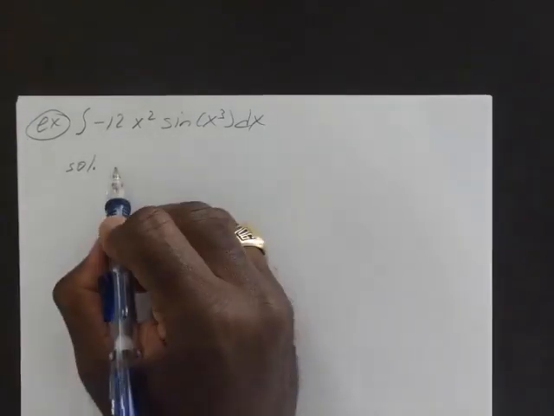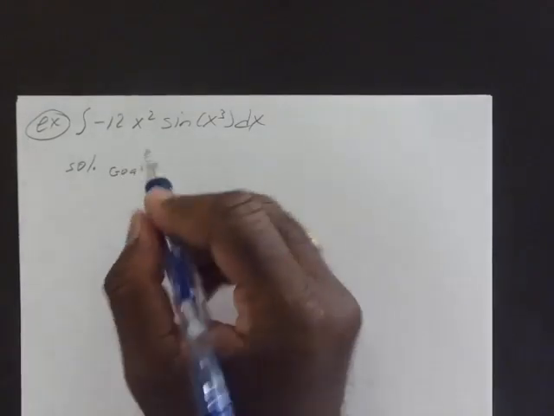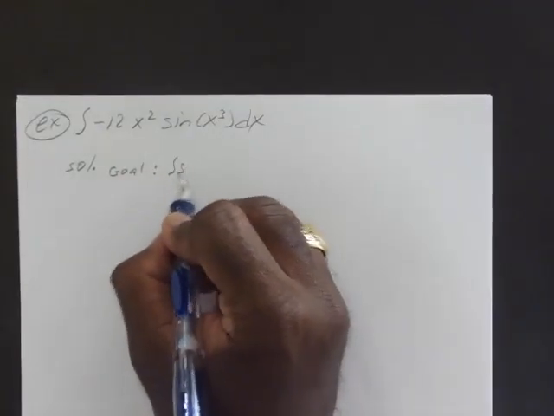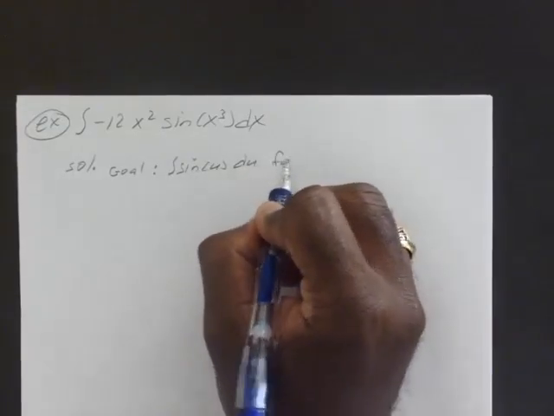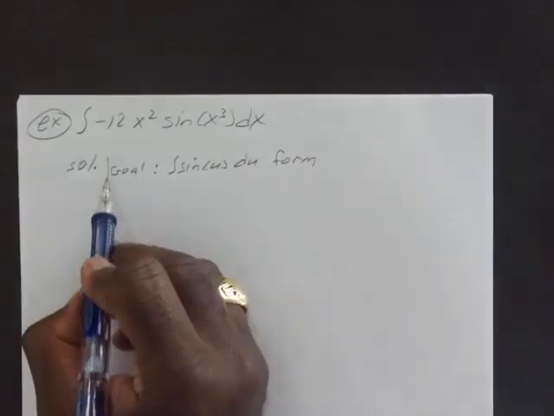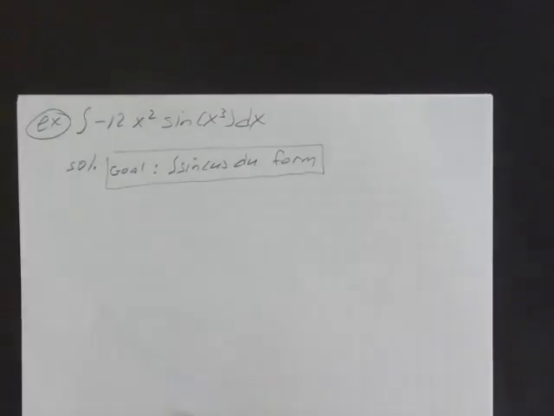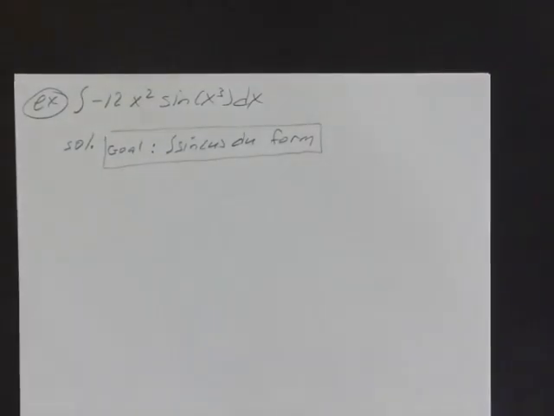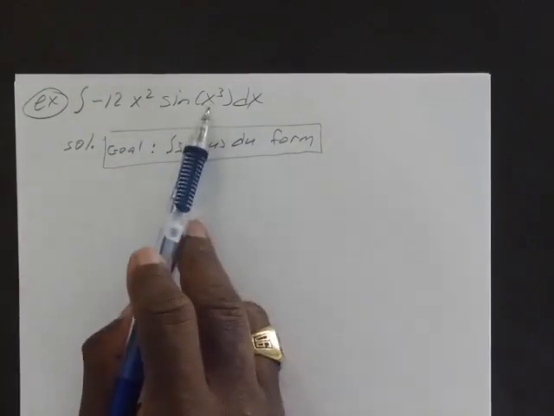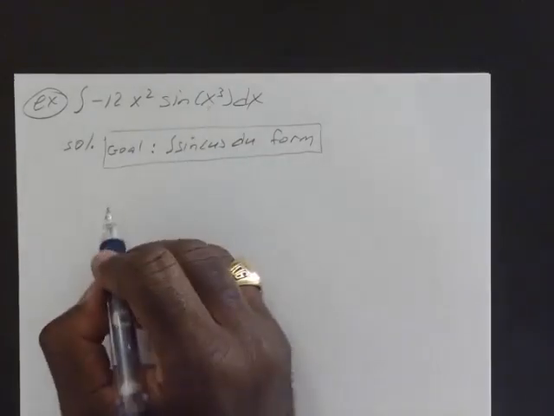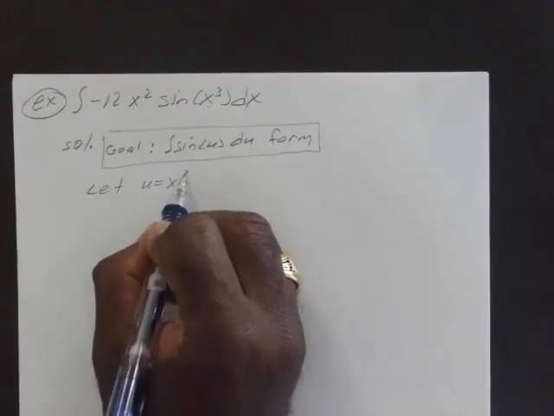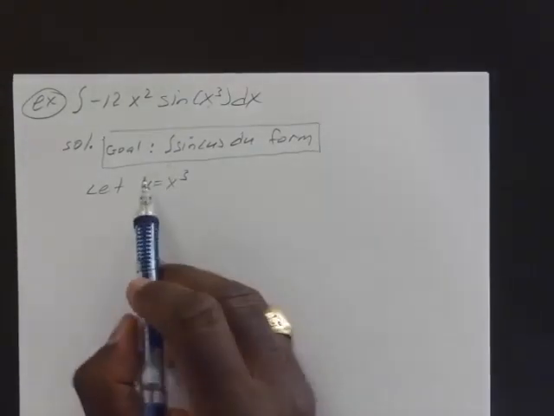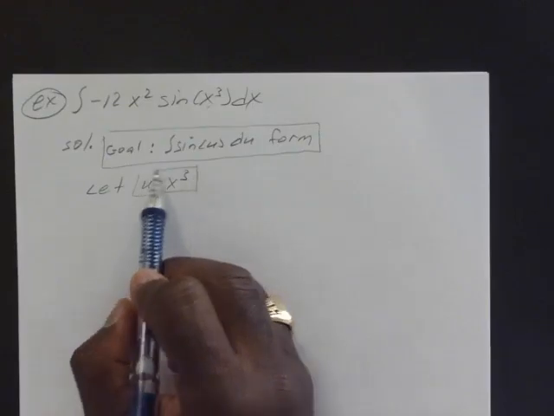Okay, so again, for this one, the goal is to put it in the integral of sine of u du form. So that means we're going to let our u equal x to the 3rd power. And we're going to need that a little later, so we'll go ahead and highlight it.